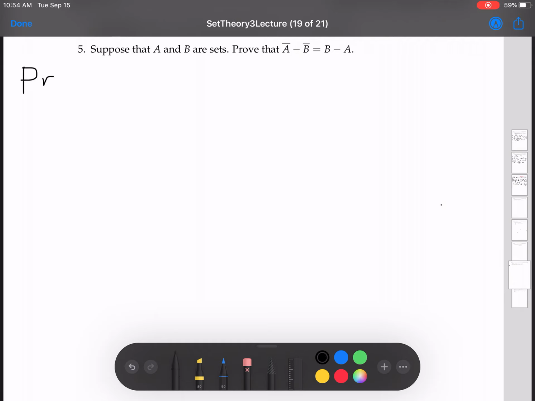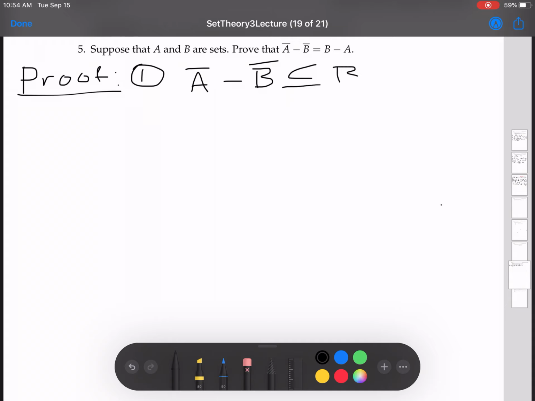All right, so first we're going to prove that A complement minus B complement is a subset of B minus A. And like I talked about in an earlier video, this is really proving an if-then statement.